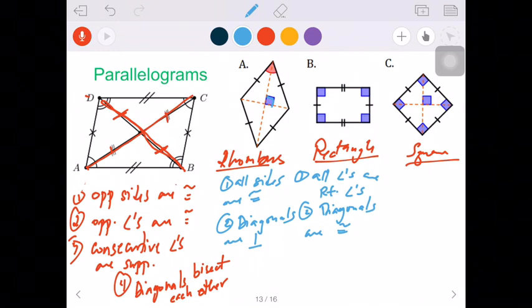So the square is actually born out of all the properties of the parallelograms, all the properties of the rhombus, and all the properties of the rectangle. So you can say that for a square, it is a quadrilateral, that all sides are congruent, check. All angles are right, check. All the diagonals are also perpendicular, at the same time congruent.